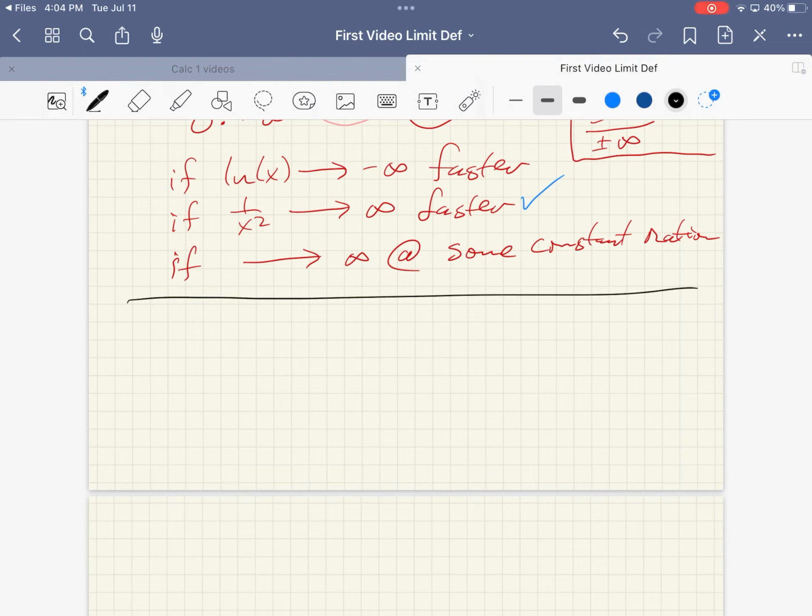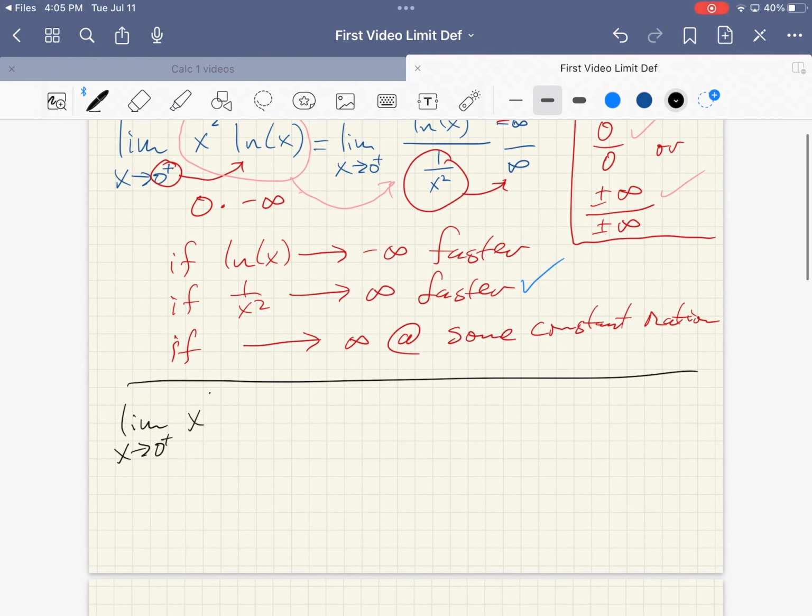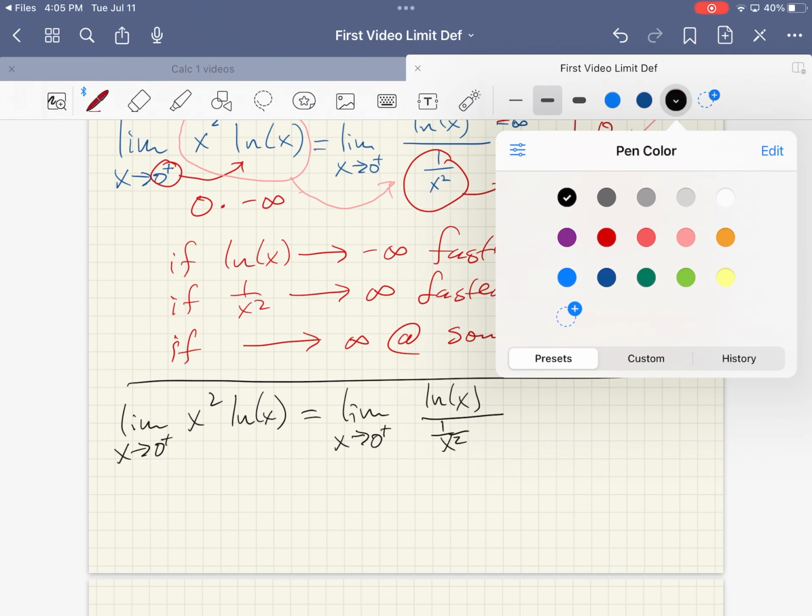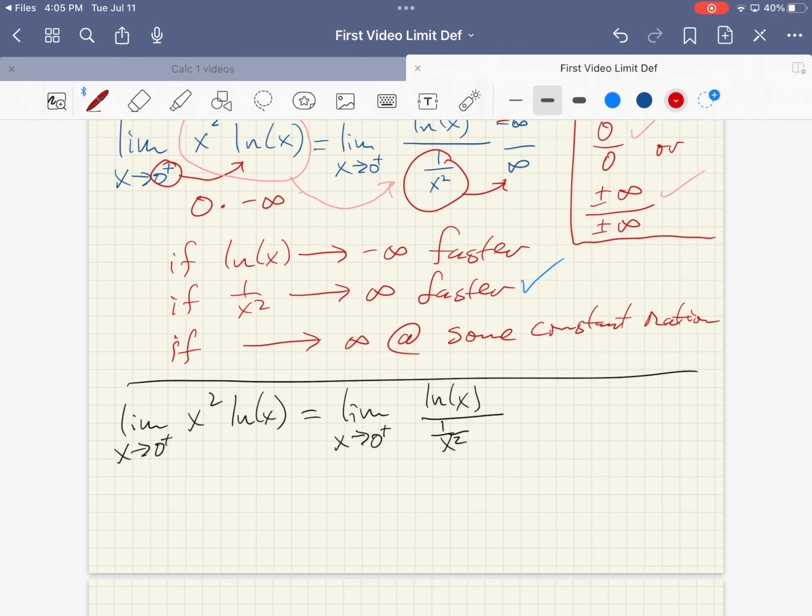L'Hopital says that we can say, okay, we have the limit as x approaches 0 from the right of x squared natural log of x, which we're going to turn into the limit as x approaches 0 from the right of the natural log of x over 1 over x squared. And again, just as a little check, and I would appreciate seeing this in your work, show me that this is infinity, technically negative infinity over infinity. And so we can apply L'Hopital's rule.